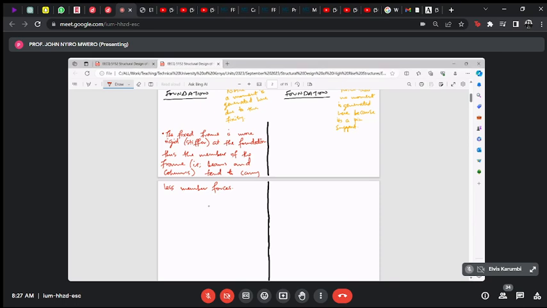Okay. On the other hand, we've also said the pinned frame is less rigid. It's more flexible at the foundation.